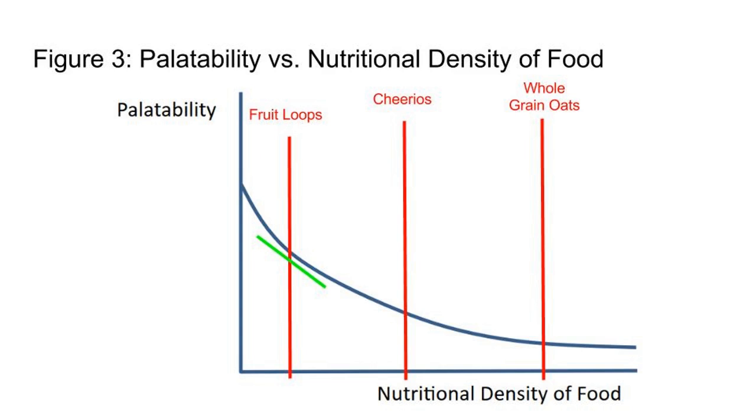Finally, to increase the marginal palatability, or the slope of the green line, we must increase the nutritional density of food similar to before in switching from Fruit Loops to whole grain oats. Note that in an inverse relationship such as this, increasing the slope will cause it to become more flat.